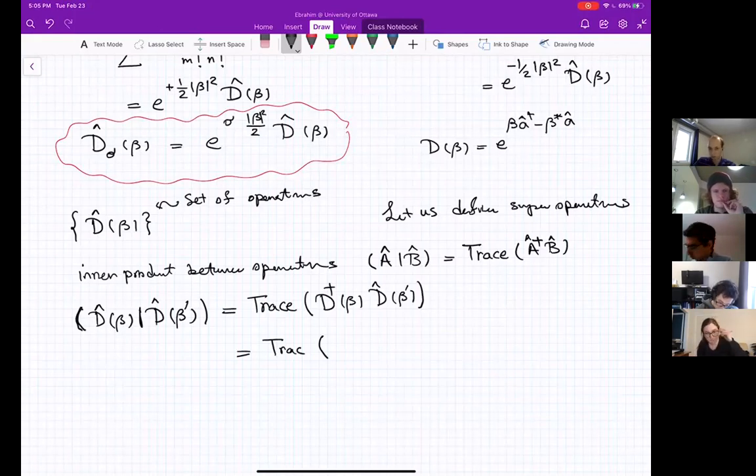Exactly. What does it mean, inverse? Take this operator, take the dagger. What will it change? The sign of beta. So that will be D of minus beta. All right? Of D of beta prime.